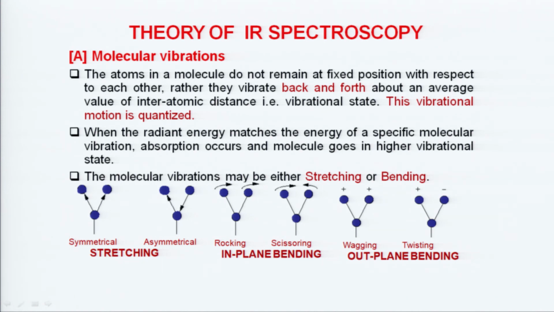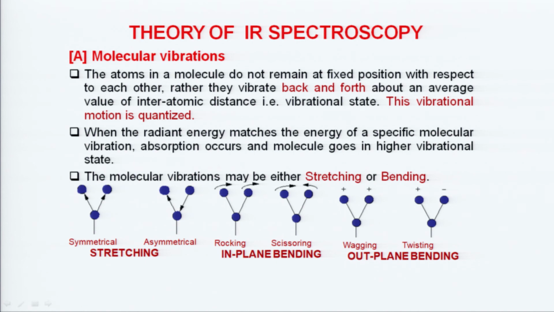Hope you have got this concept, that in a molecule the atoms are vibrating back and forth, that is the first thing, they are in continuous vibrational motion. The second thing, their vibrational state is quantized, means they are in a particular vibrational level, then the next level, then the next level, and that energy is fixed or quantized.